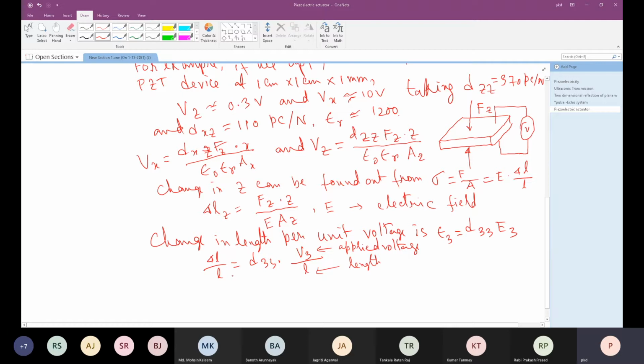So if L we have taken as unity, that is 1, then d also if we take 1, delta L would be d33 V3.